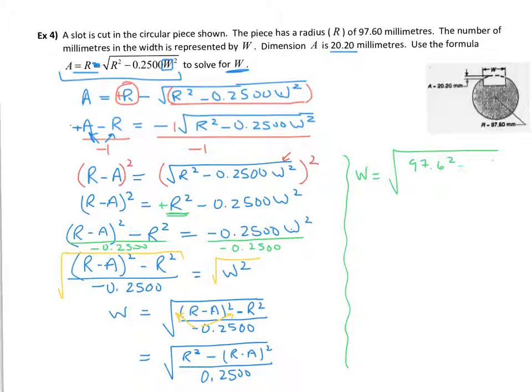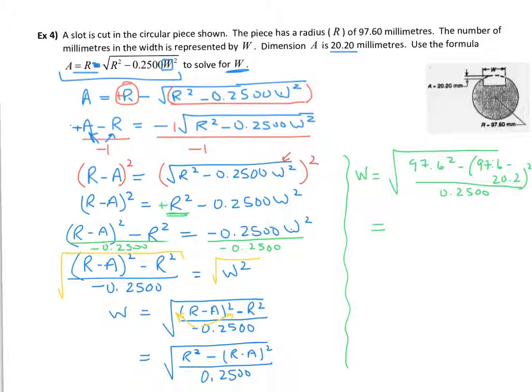There we go. That's better. So that's my R squared. To that, I want to subtract bracket, and then we want the R, 97.6, minus the A, which is 20.2. Close that bracket and square it, and that's all supposed to be over the 0.2500.